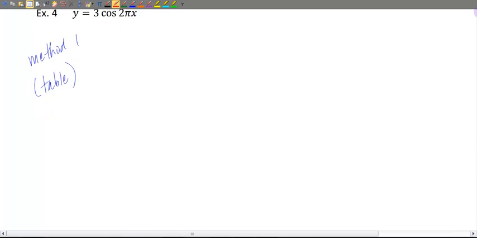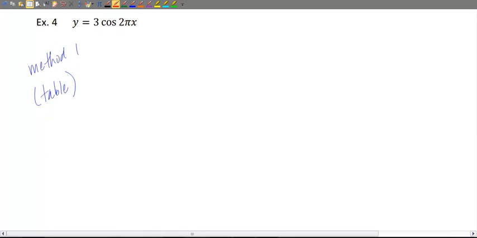Here's the first example. We have y is equal to 3 cosine 2 pi x. And the very first thing that you're going to want to do is find out what the period of the function is. So that part's not going to change. In order to find the period, we have to figure out what b is.